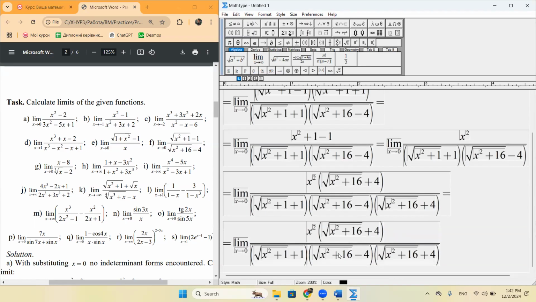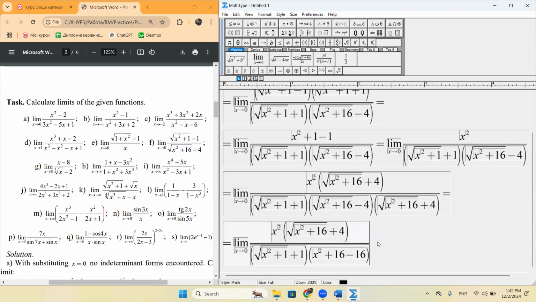So what we will have in the brackets: x in power of 2 plus 16 minus 16, and removing it. Writing it in detail for now.